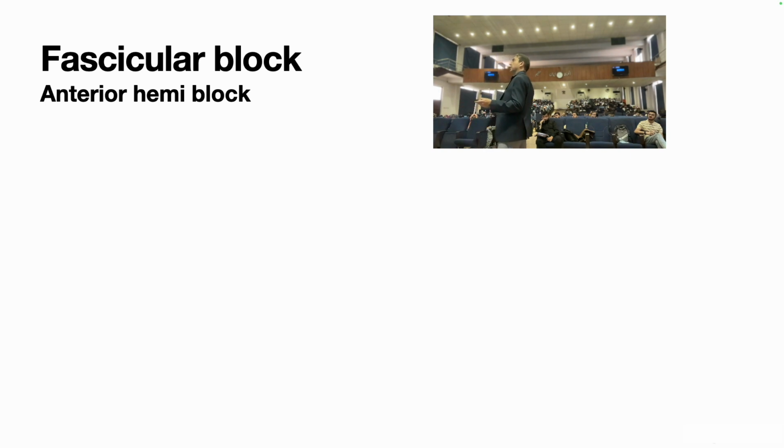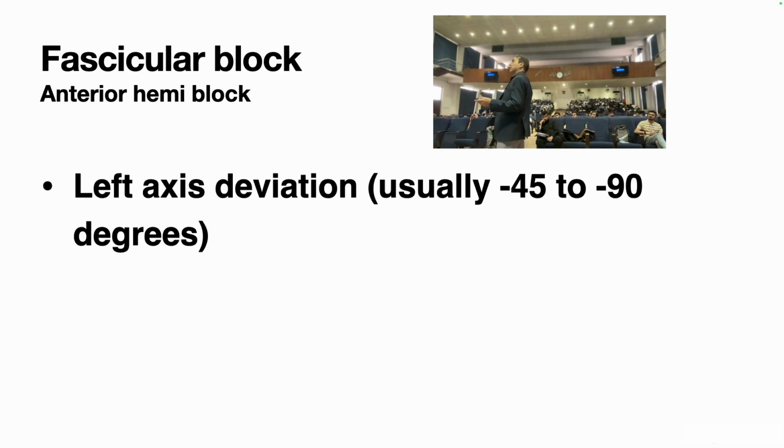If you've got anterior hemiblock, there is left axis deviation. If the complexes are broad, maybe 100 milliseconds or 2.5 small squares, and there is left axis deviation, this is left anterior hemiblock.